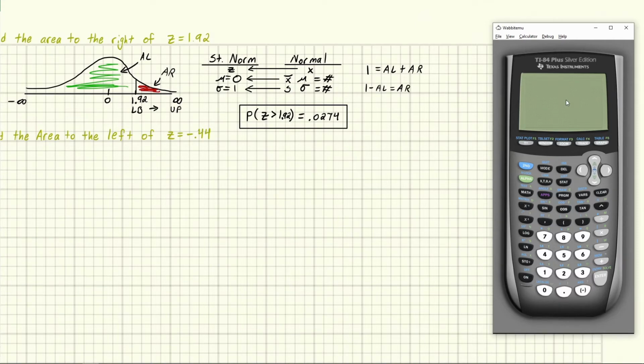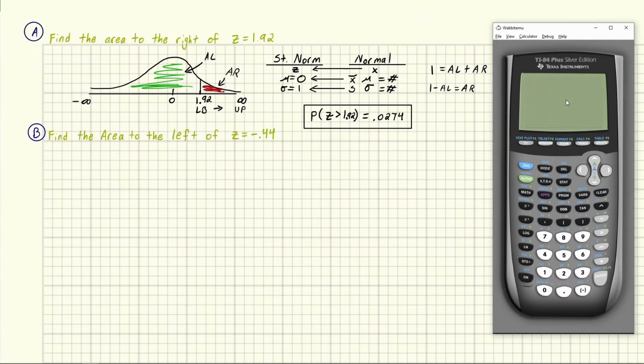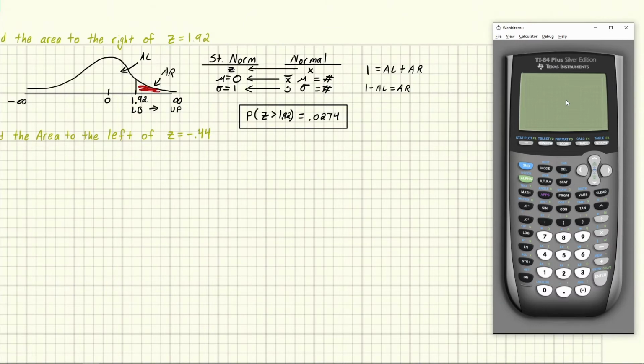Now, if you're not comfortable with this algebra, there's another way of thinking about it. Here's our whole curve, 100%. It's 1. If we want just this part, then from our whole curve, we should take away area to the left. So I just take it away, I erased it, and we are left with area to the right. Well, that is what this is saying. If we have 1, we subtract off area to the left.